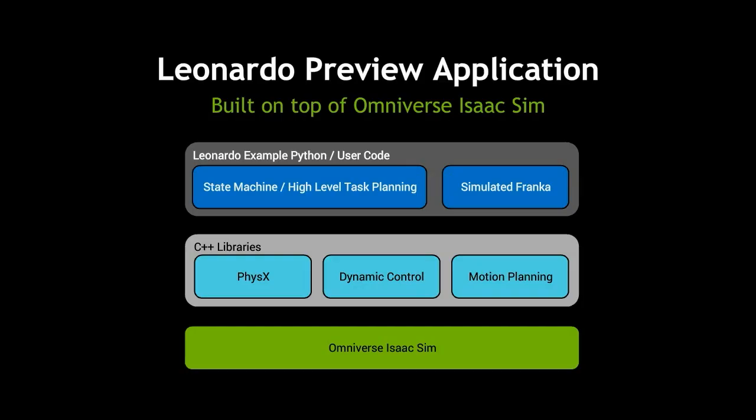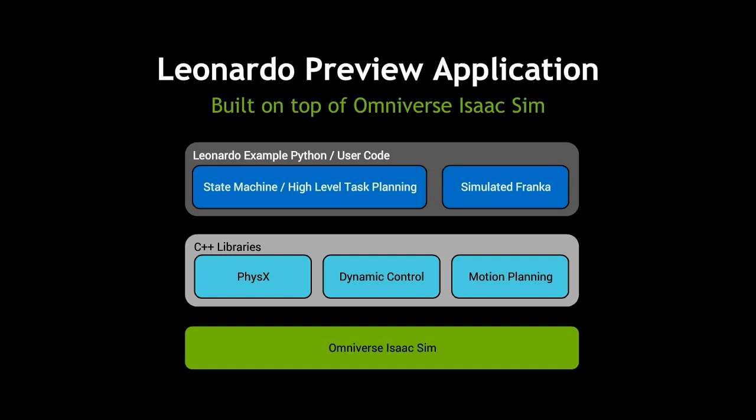Okay, there we go. This diagram is trying to show a high-level overview of how the Omniverse Isaac Sim framework, which includes Omniverse Kit, which is the editor, and a bunch of extensions for ray tracing and things like that, ties into the rest of the Leonardo preview application. On top of Omniverse Isaac Sim, we have a few C++ libraries, one being the PhysX plugin, which provides support for physics.